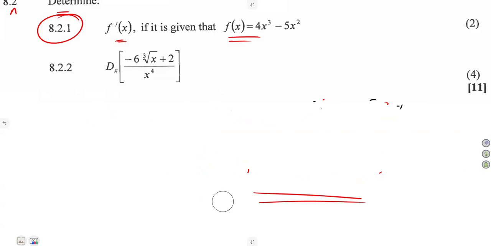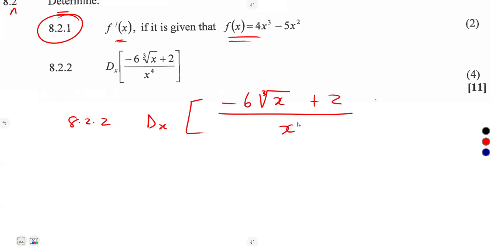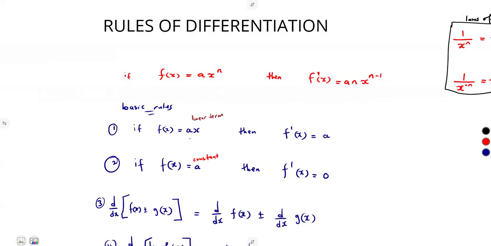All right, let's consider another part, 8.22. We are given to differentiate with respect to x this whole term: minus 6 times the cube root of x plus 2, everything over x to the exponent of 4. Remember we dealt with something like this from the separation of fractions.